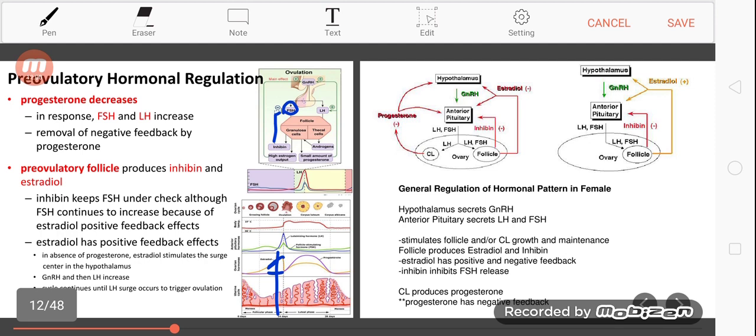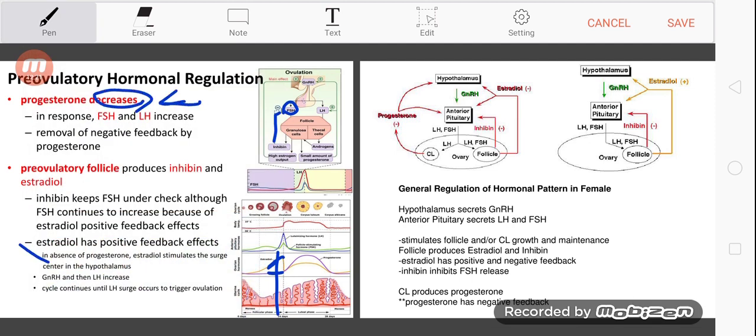Although FSH continues to increase because of estradiol positive feedback. FSH also increases due to positive feedback of estradiol, but it will not increase as high as the LH surge. So here, decrease is low, or actually absence. This one, the wording here.